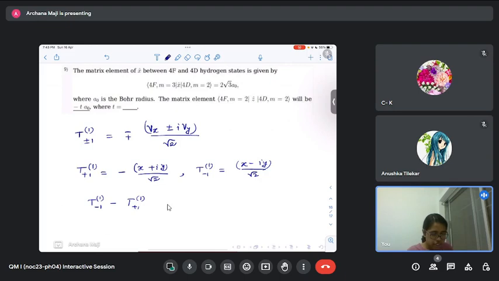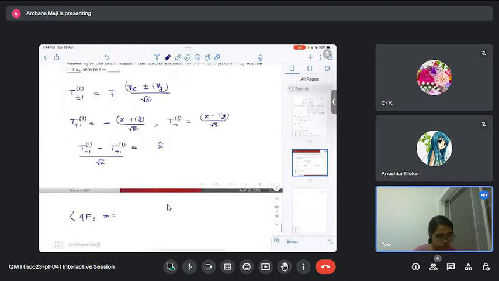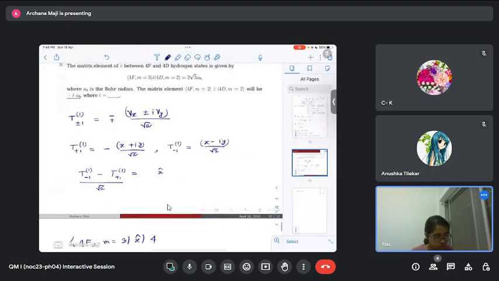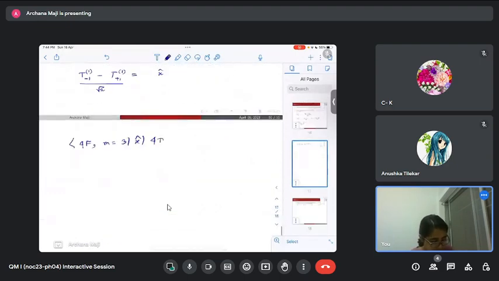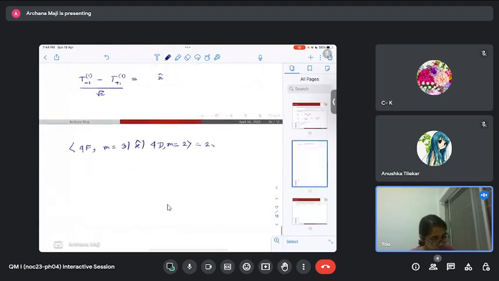Okay, so the matrix element that is given to us is this. 4f m equal to 3, x, 4d m equal to 2 is equal to 2 square root 3 a0. So f means, let's call it m2 and call it m1.